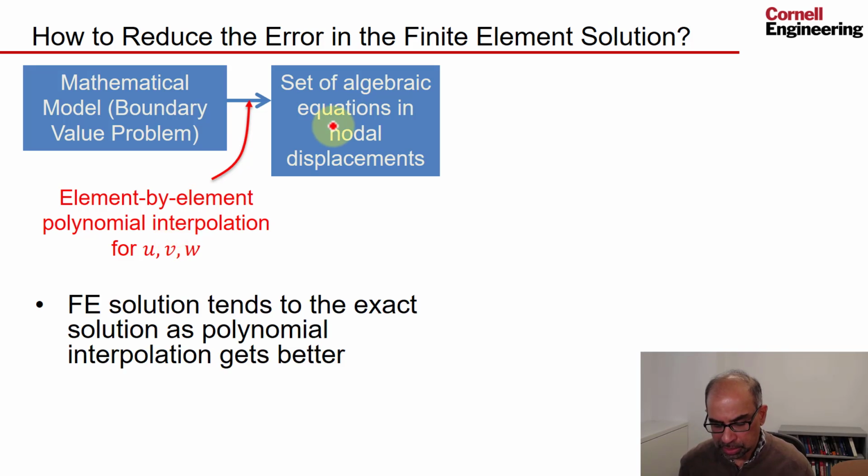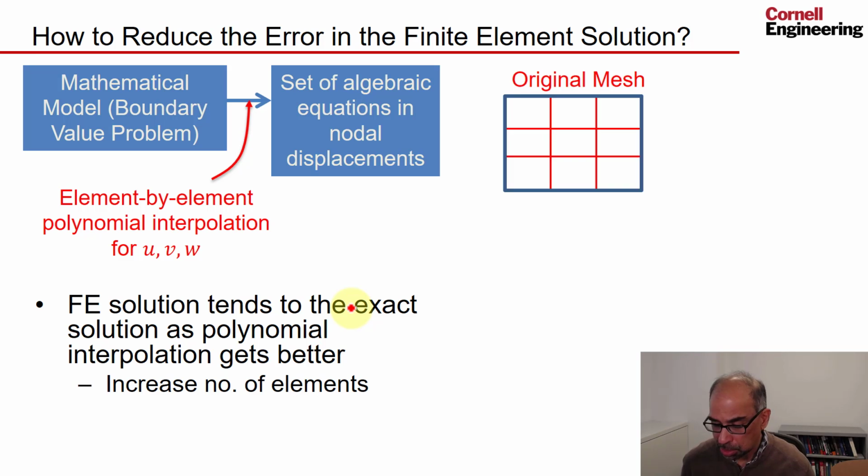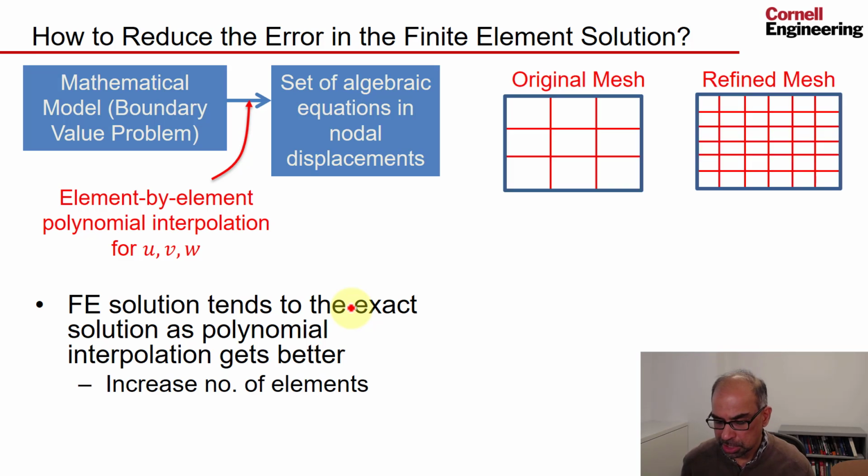And so how do we get the polynomial interpolation to be better? Because as the polynomial interpolation gets better, the finite element solution will tend to the exact solution. We can increase the number of elements. If that's our original mesh in the 2D analogy, and that's a refined mesh, intuitively, we know that this is better.